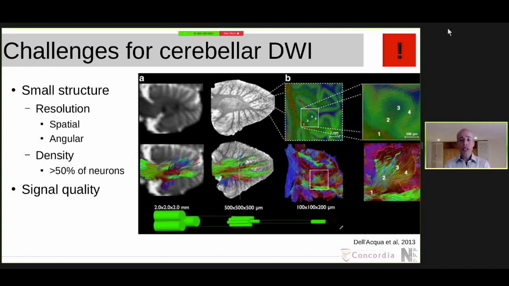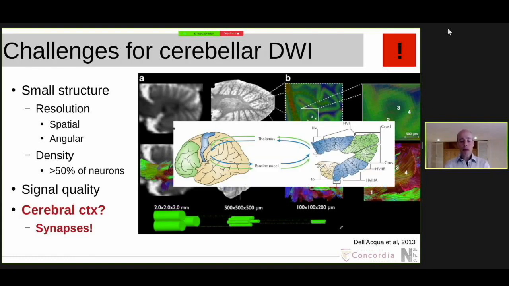Another issue that I've seen come up quite a bit in the last 5 years is connectivity through to the cerebral cortex. Different labs have claimed that they're identifying connectivity from the cortex down to the pons, from the pons to the cerebellar cortex, from the cerebellar cortex back to the dentate nucleus, from the dentate nucleus back to the thalamus, and from the thalamus up to the cerebral cortex.